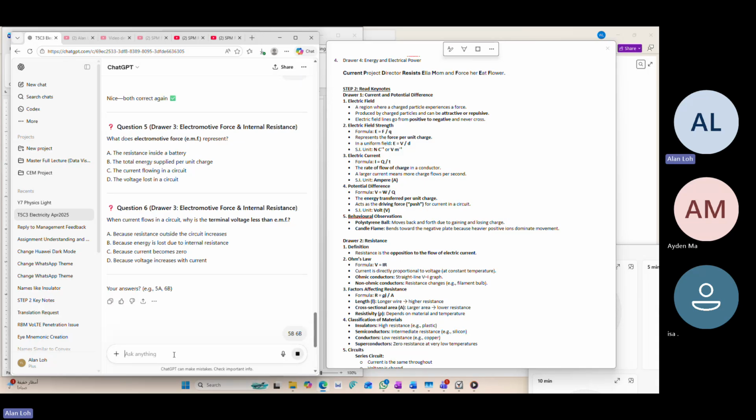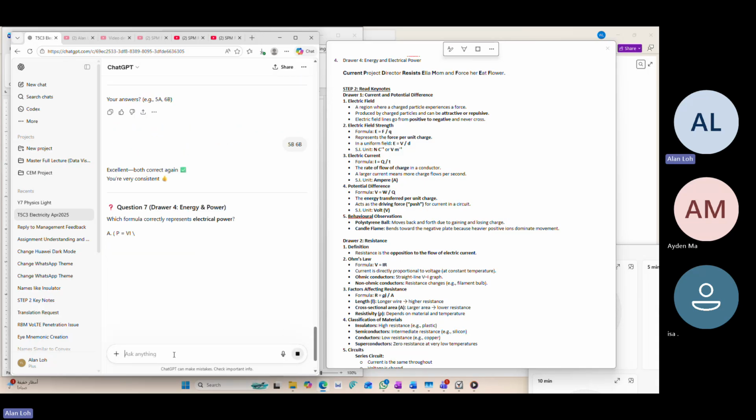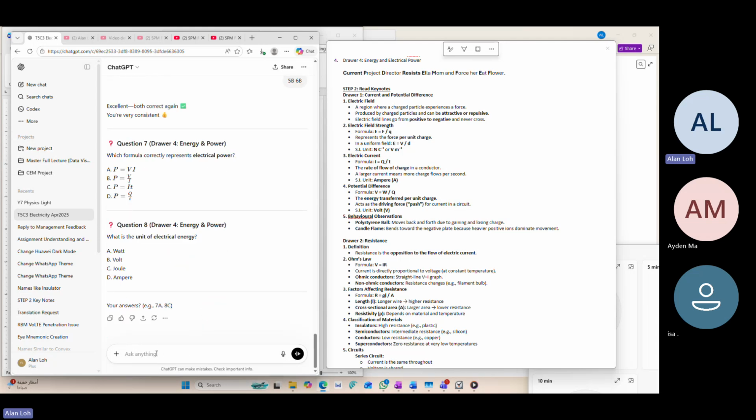Okay, both have the same answer. Well, excellent. 7 and 8. Which formula correctly represents electrical power? What is the unit of electrical energy?